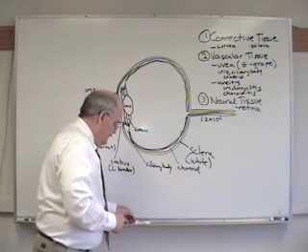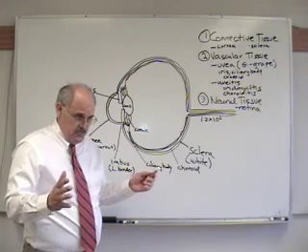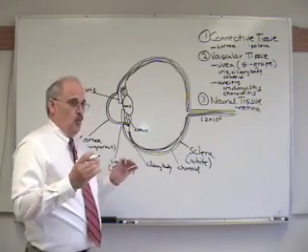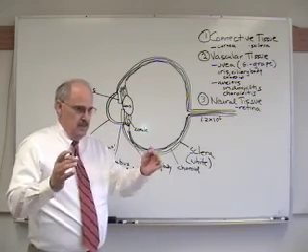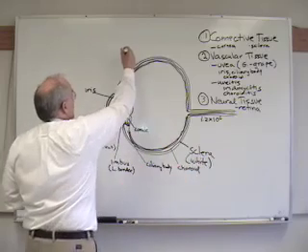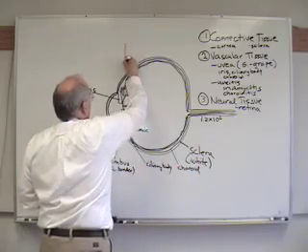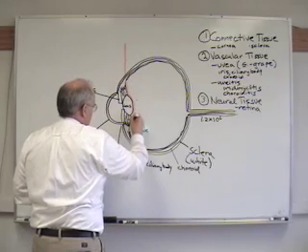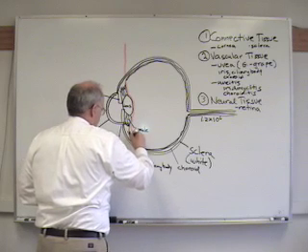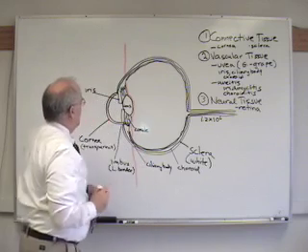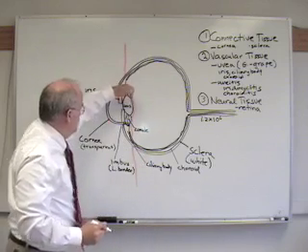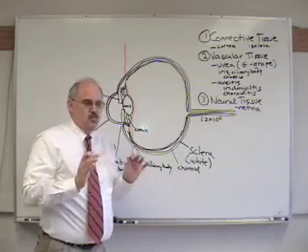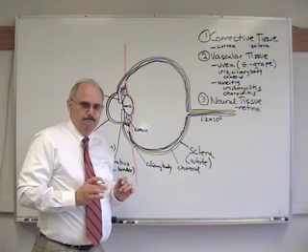Now, the eye has spaces within it. So, if I were to draw a line down, so that it included the lens and all structures in front of it, what compartment would that be? What space would that be in the eye? Think about that for a minute.